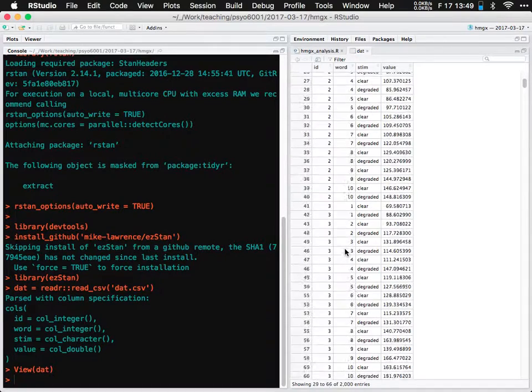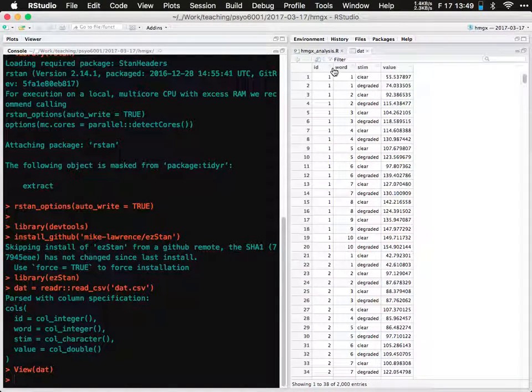I haven't told you what the experiment is, though. We've got another column here called stim, and we see clear, degraded, clear, degraded. So for each combination of word and person, there are 2 levels, clear and degraded.